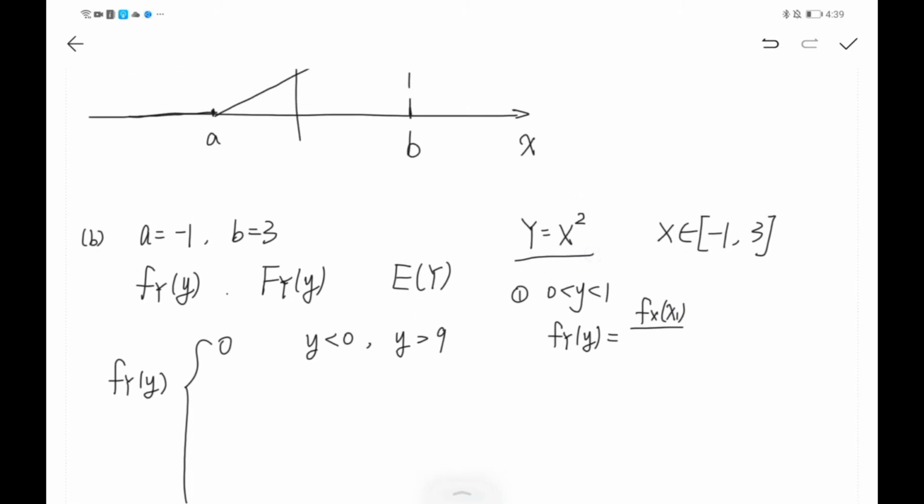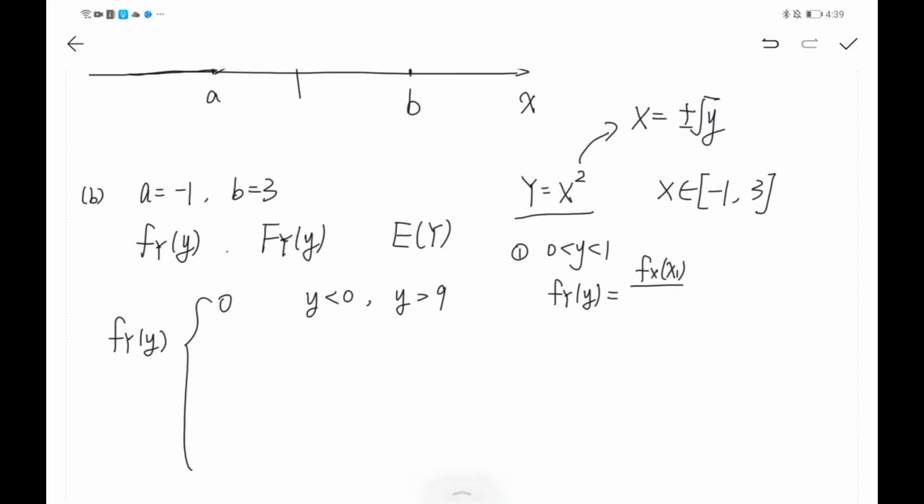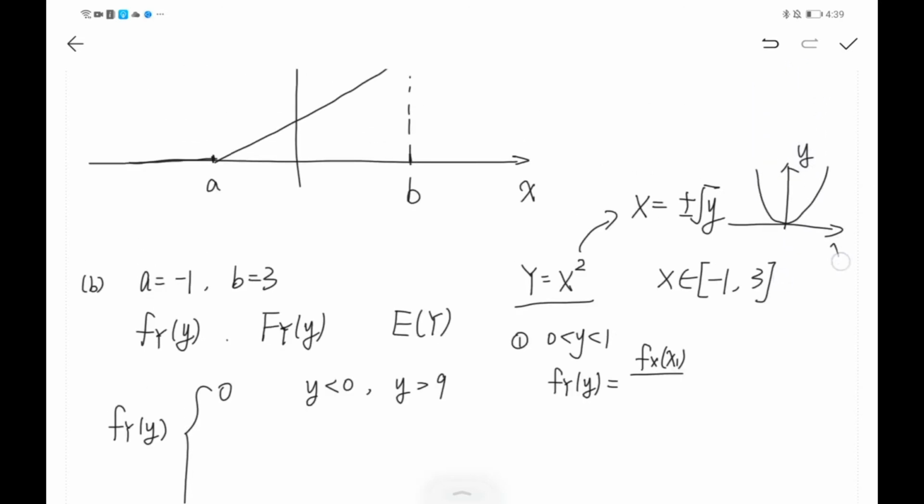Firstly, we should change this equation, it's like x equals plus or minus root y. So when y is from 0 to 1, obviously it has 2 roots, from -1 to 1.